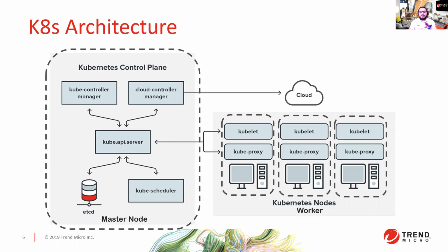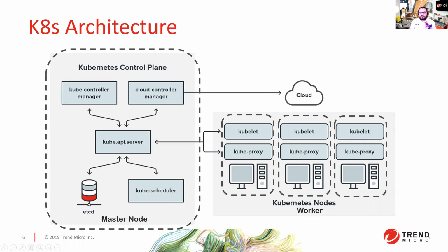You have the kube-apiserver, which handles exposing and receiving API calls, right? You have the etcd database, where Kubernetes stores all its internal information. You also have the kube scheduler, which decides where to run the pods.